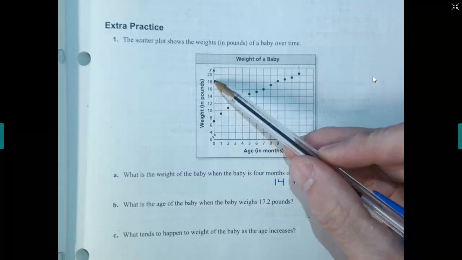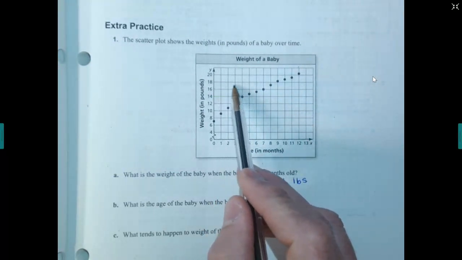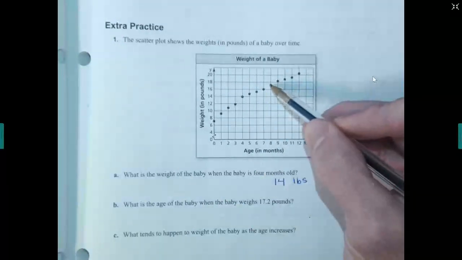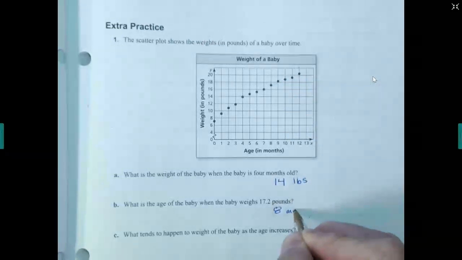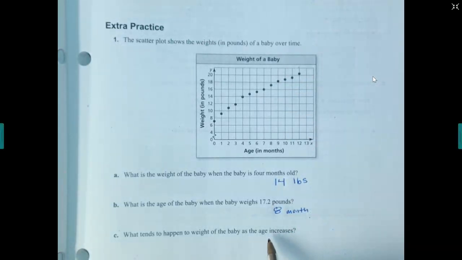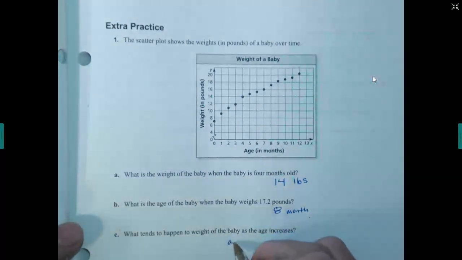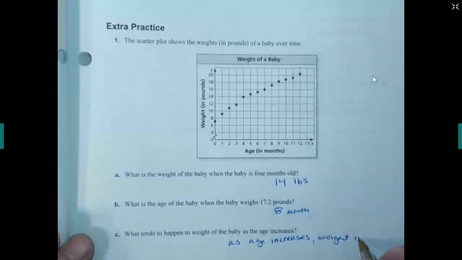So 16, 18, so somewhere in the middle. It's not perfect, but somewhere in the middle here. Boom. The baby is 8 months old. What tends to happen with the baby as the age increases? As age increases, weight increases.